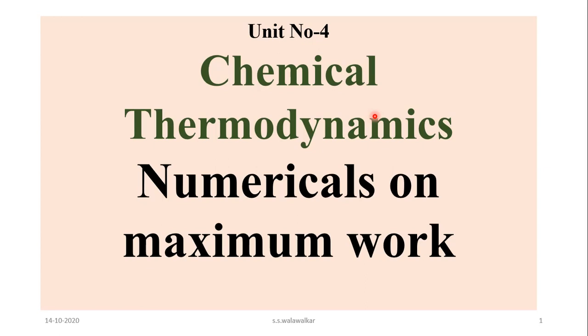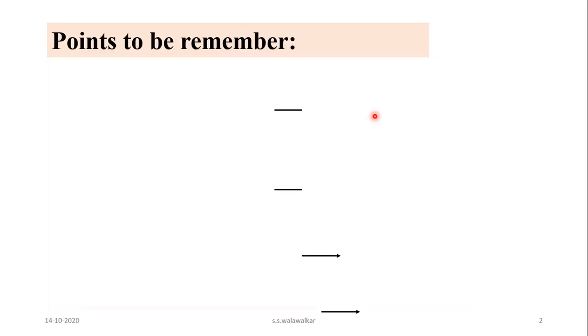While solving these problems, first read the statement of the problem and check whether it says to calculate maximum work, or to calculate work done in an isothermal and reversible process.